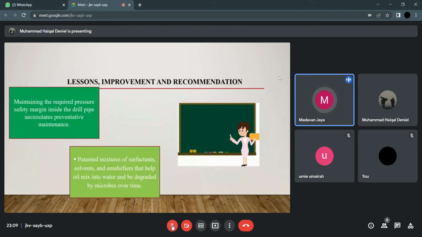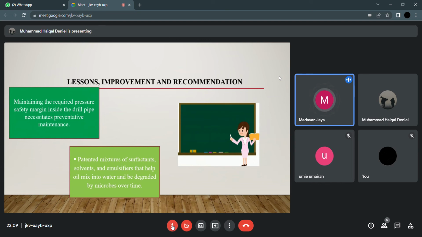After we have learned about the Deepwater Horizon oil spill, what we can learn for improvement and recommendation is maintaining the required pressure safety margin inside the drill pipe. Much has been learned about Deepwater Horizon and what went wrong after exhaustive investigation and impact studies.